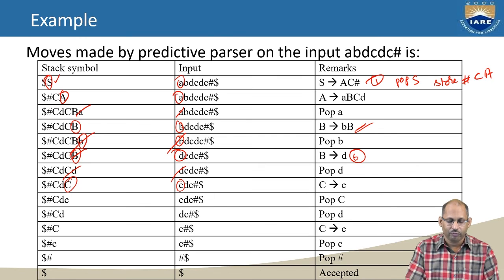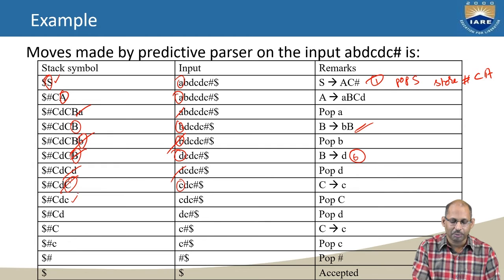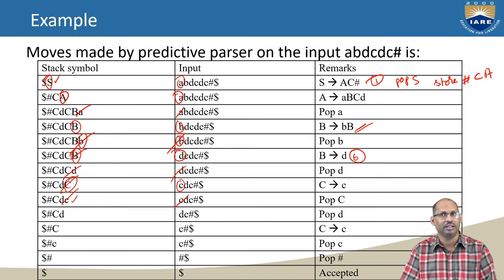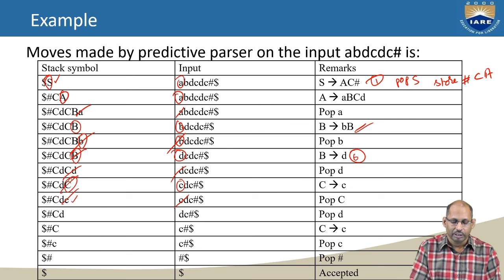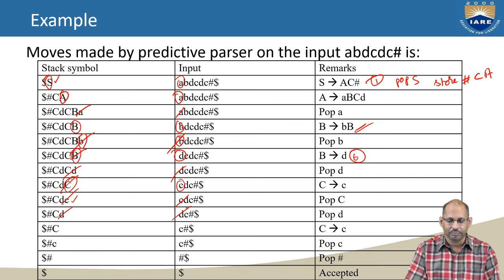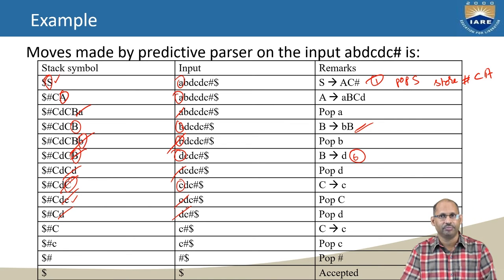Simply we replace C with terminal C. Both the symbols are the same, so simply delete. Now here D and D, simply delete.